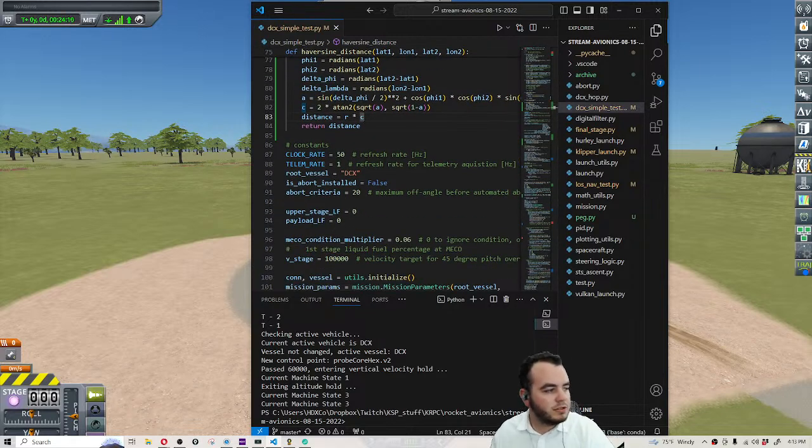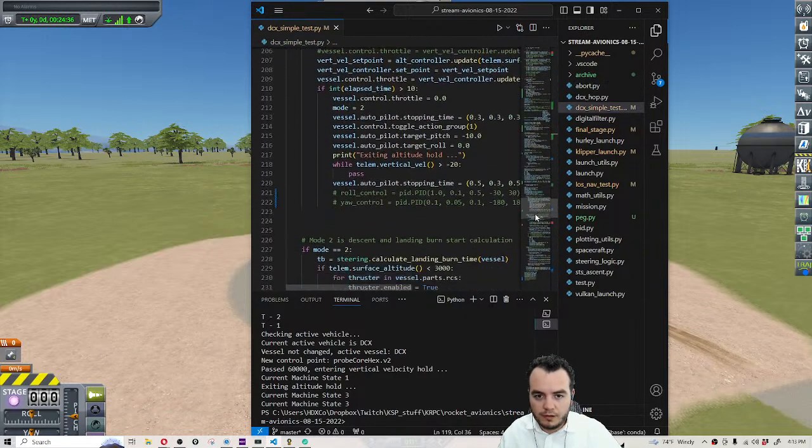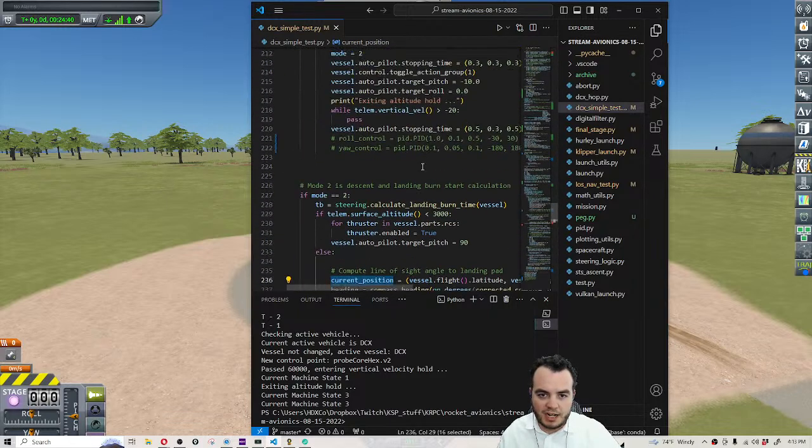So the whole reason why we're doing the Haversine formula here, chat, is the game gives us a measurement, and you can kind of do this from GPS in real life, of your latitude and longitude. We're doing that for our landing site, and then we're also doing that for our vehicle, current position, latitude and longitude at each time step as we're descending.